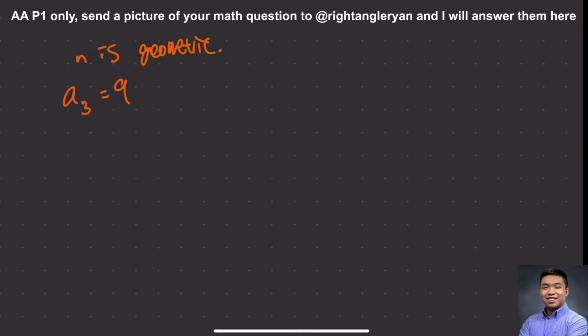Well, let's not call it a. Let's call it g so it's easier to know it's geometric. Okay, and we know the question gives us g1 plus g2, so this is given.